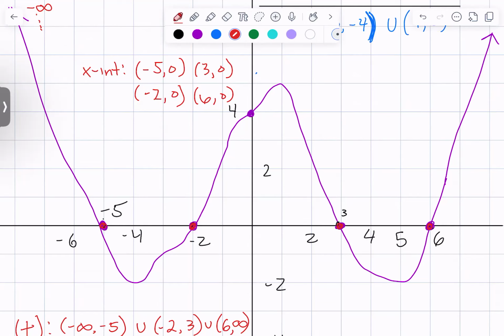All of them. Your y-intercept is going to be (0, 4). Simple? Just the coordinate.